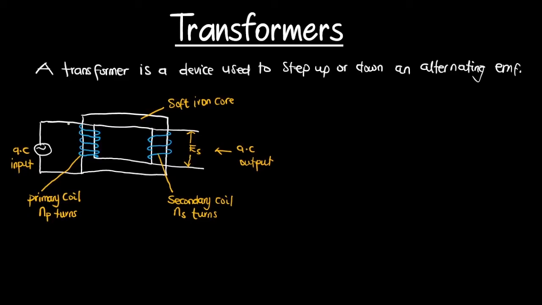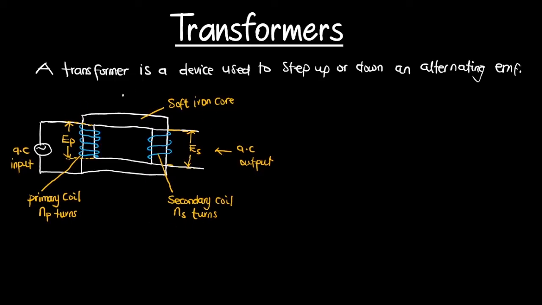And then the distance from over here to here is what we are calling EP, which is the primary EMF, the source of primary EMF in the core. Basically, this white one is just for labeling purposes.